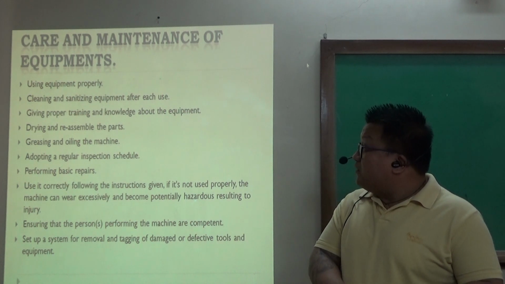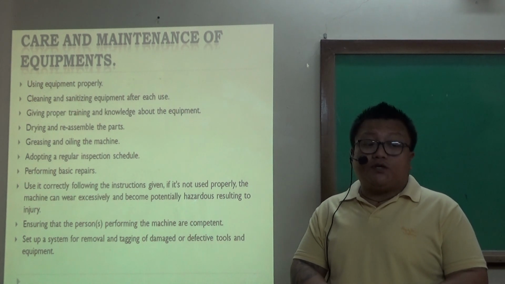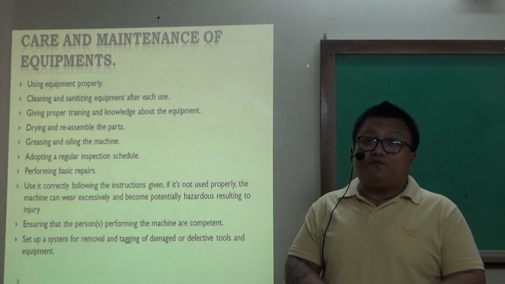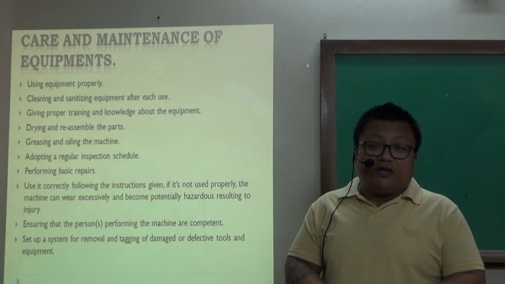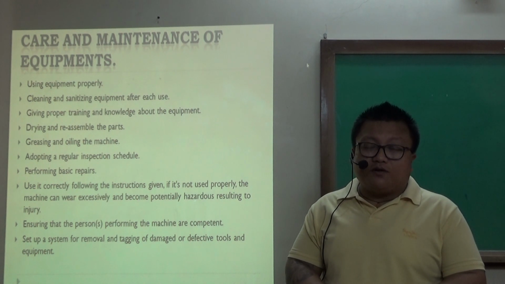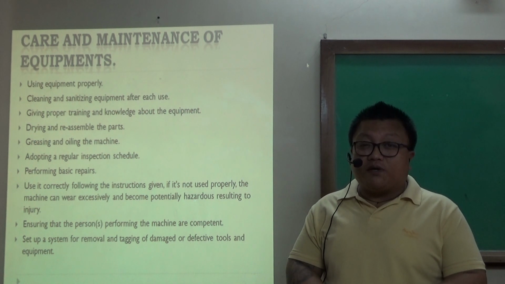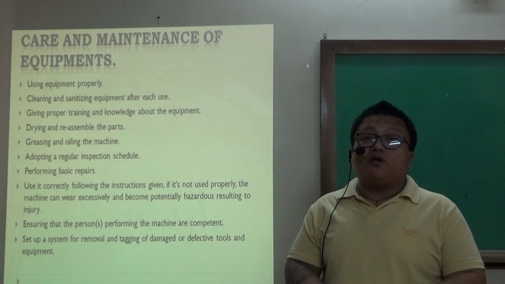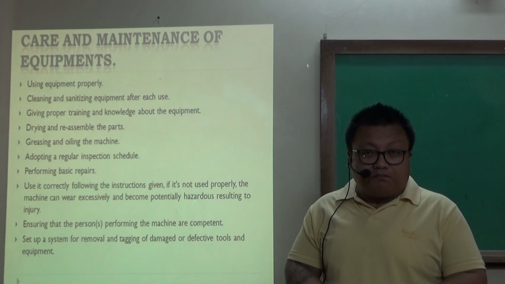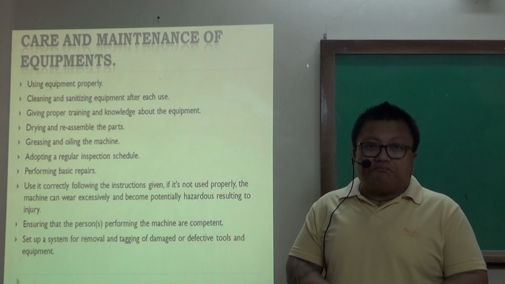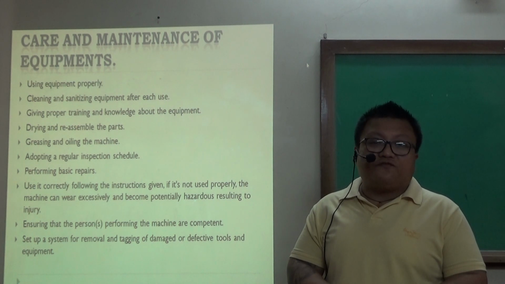We have to take very good care of cleaning and maintenance, because without this we cannot make it for the long run. We need the idea, the knowledge, and to do the care and maintenance very properly. If not, then tools and equipments will lead to a cost to the company.